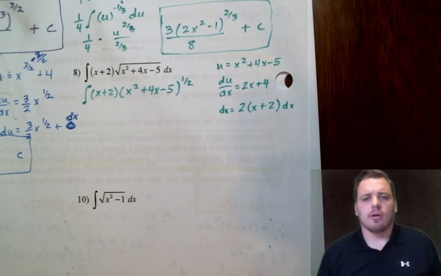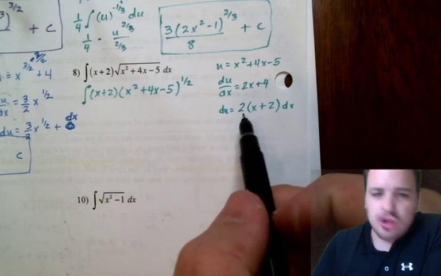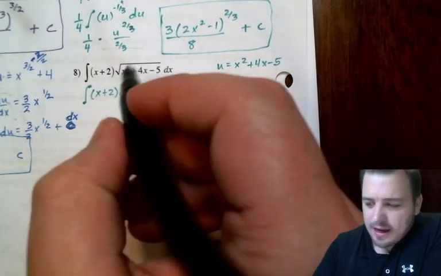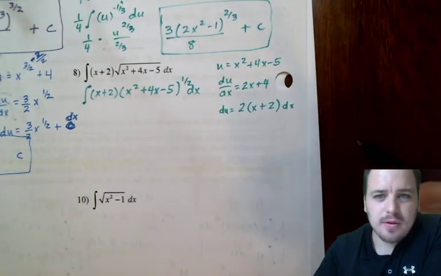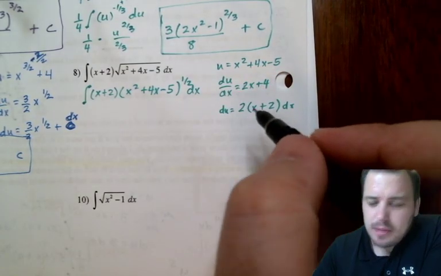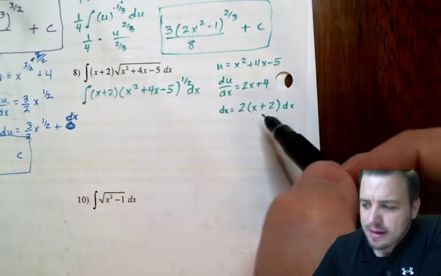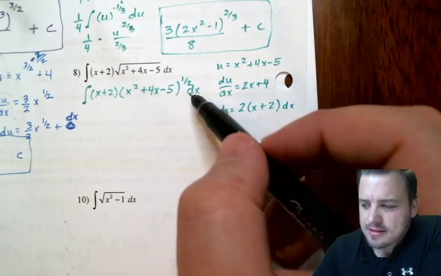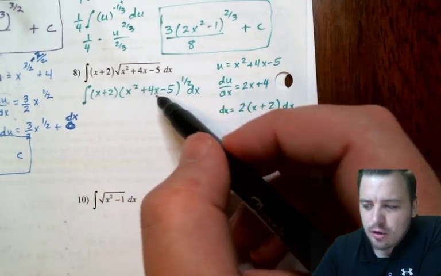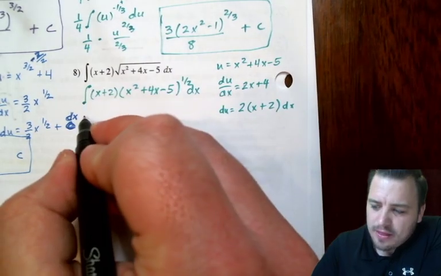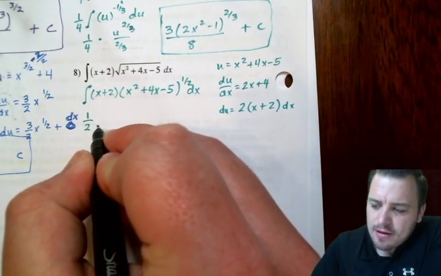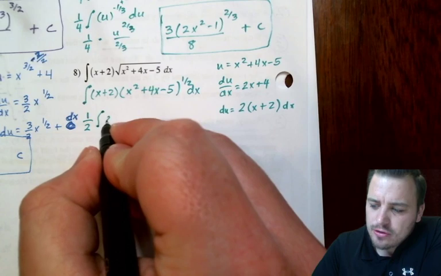So I have an x plus 2, and I have dx right here. So that can take care of that in terms of u. But I need to multiply it by 2 in order to make this and this a du. And of course, we know this is u. So I need to multiply the left side by 1/2, multiply the inside of the integral by 2.